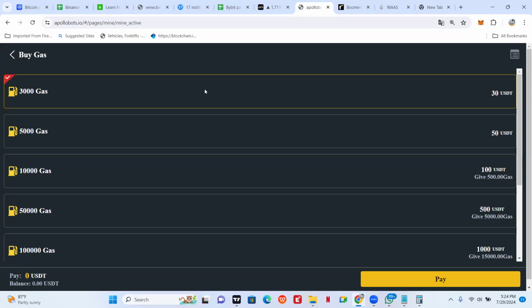So Apollo is so generous that we have a little gas to top up. There are robots where you have to fill in as much as $100 just for a start. But in Apollo here, you can start with $30. As it trades, you refill your gas. So if your trading capital is $100, please go with the $30 gas.